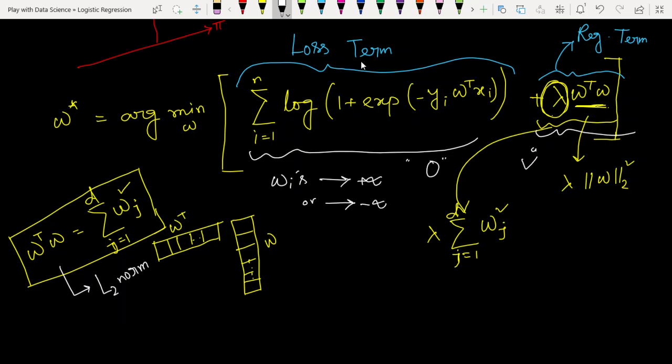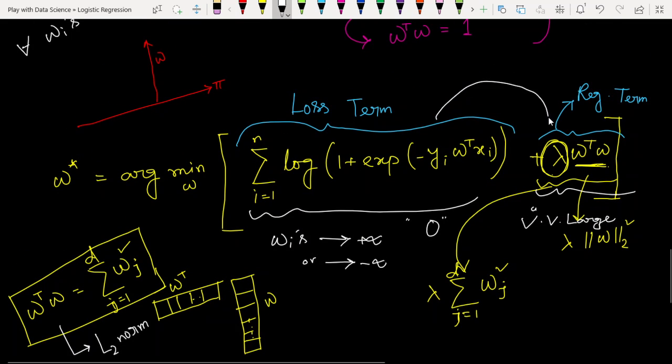If we take our W as large, our loss term decreases toward its minimum value, but our regularizer takes a very large value. So we have to handle the situation between the regularizer term and the loss term. They pull in opposite directions, and we have to handle this.